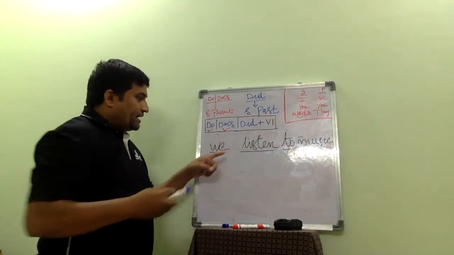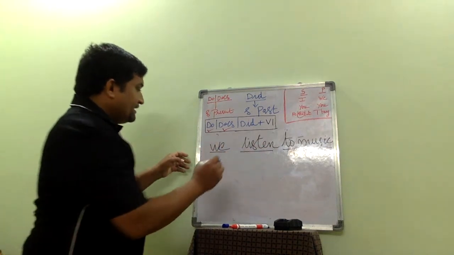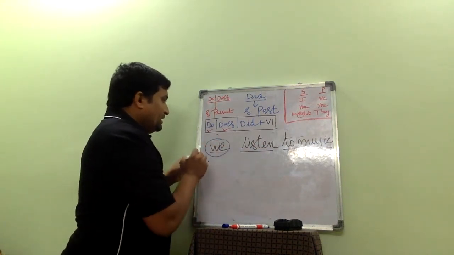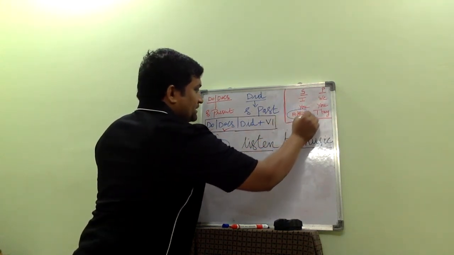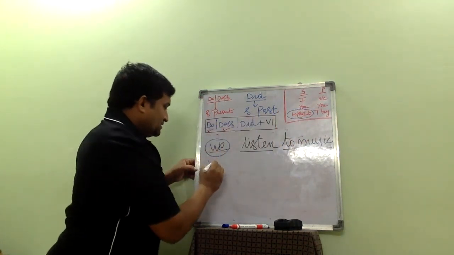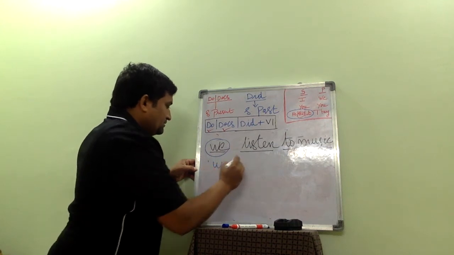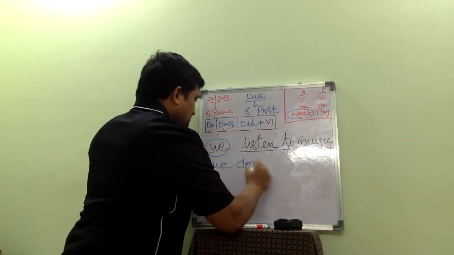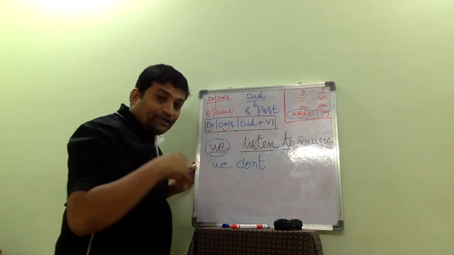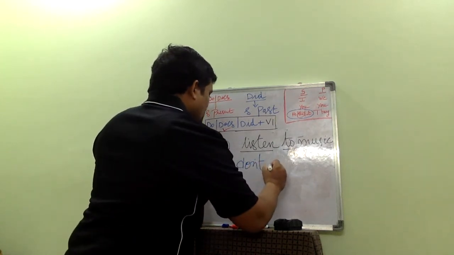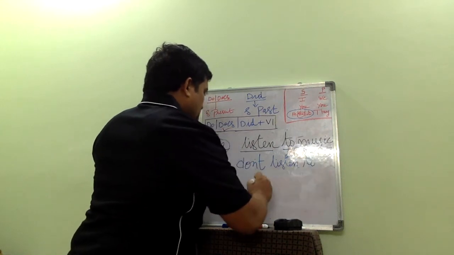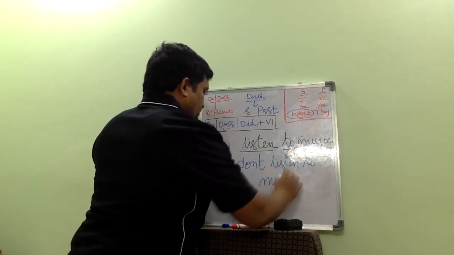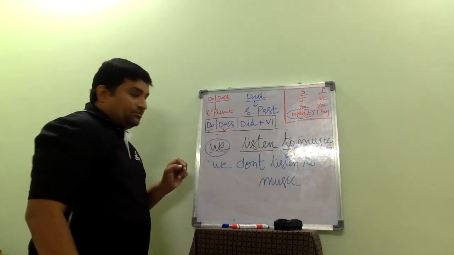Since the subject is we, we have to use do. Only for third person singular do we use does. So, we do not, you can also write we don't listen to music.